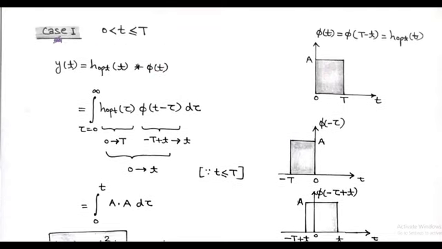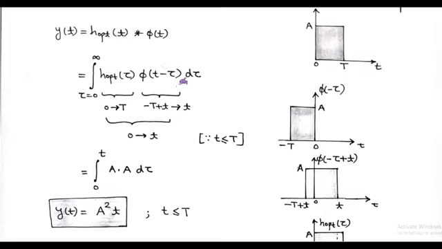We first consider case 1, when small t is greater than 0 but less than or equal to capital T. Here phi(t) and the impulse response of the optimum filter h(t) are identical, having value A between the interval 0 to capital T. We know that the output y(t) equals h(t) convolved with phi(t), and its formula is the integration of h(tau) phi(t minus tau) d tau, taking limit tau equals 0 to infinity.